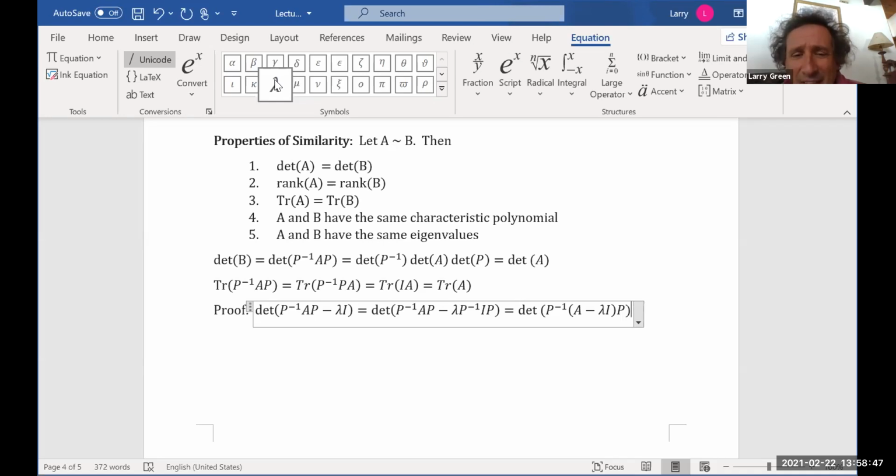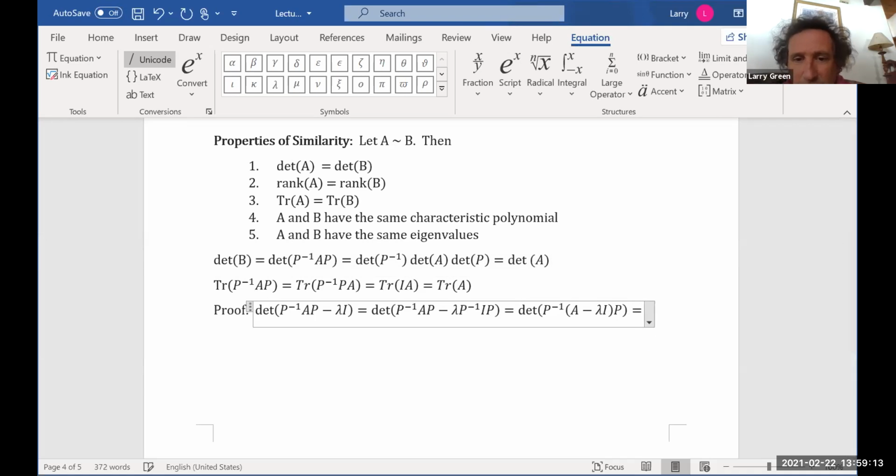Okay, so now that we have that, I can use the big rule that says that I can break up multiplication with determinants. I can write that as the determinant of P inverse times the determinant of A minus lambda I times the determinant of P. But we already had earlier that the determinant of P inverse times the determinant of something times the determinant of P is just the determinant of that something matrix.